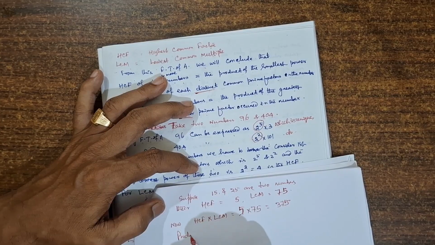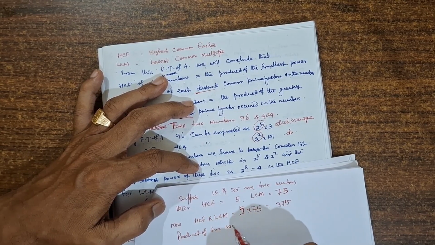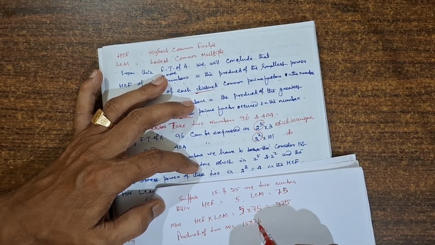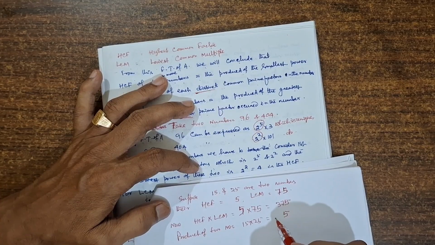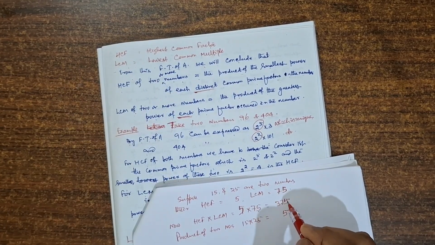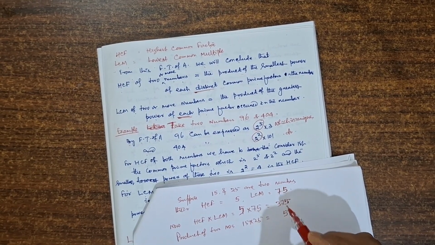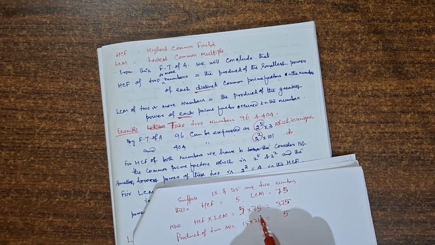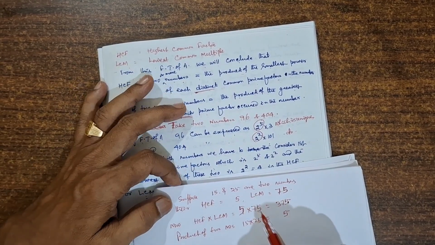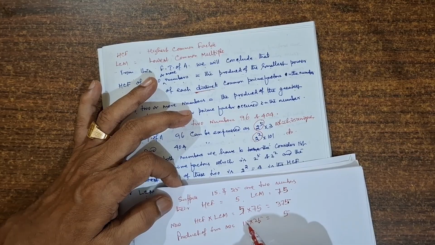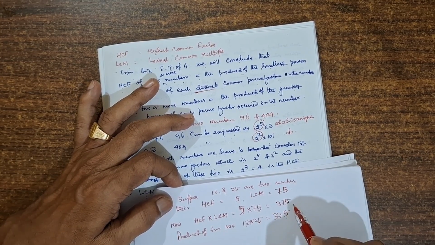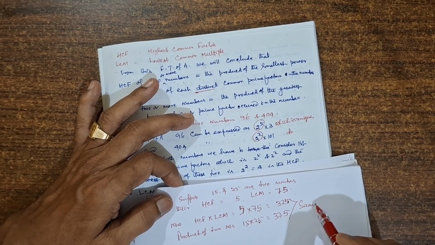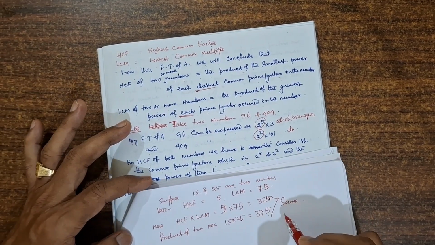Product of the two numbers, 15 and 25, 375. Same, proved.